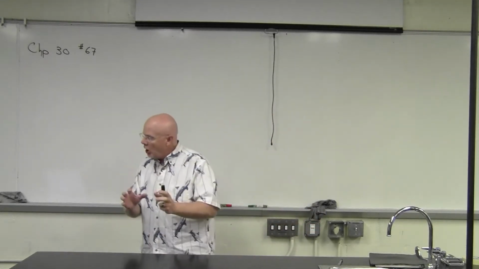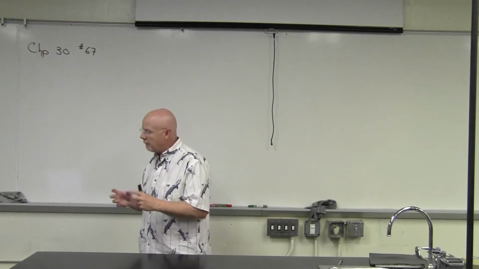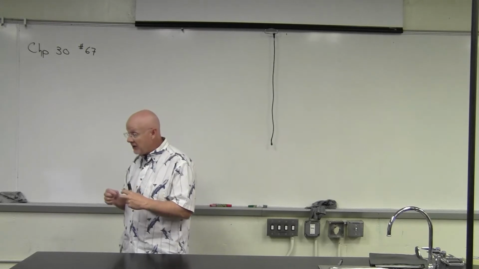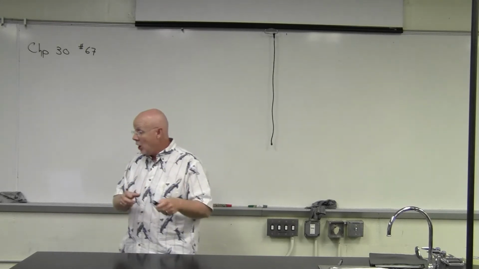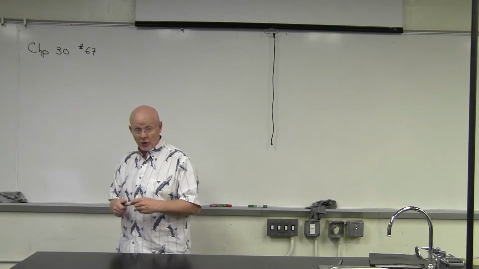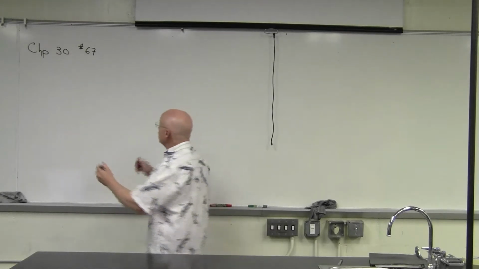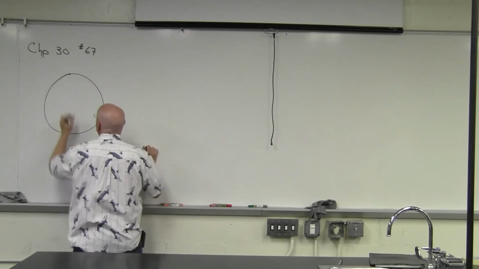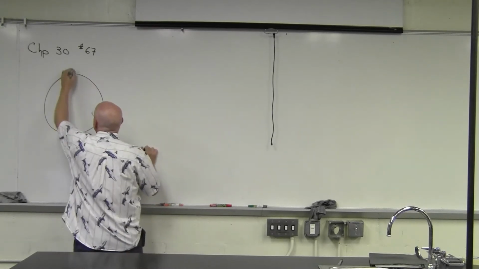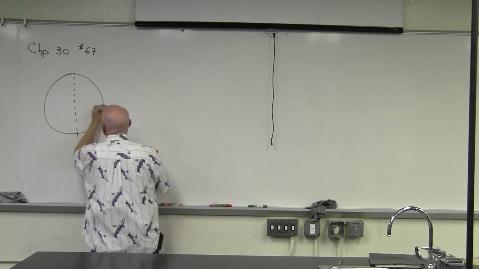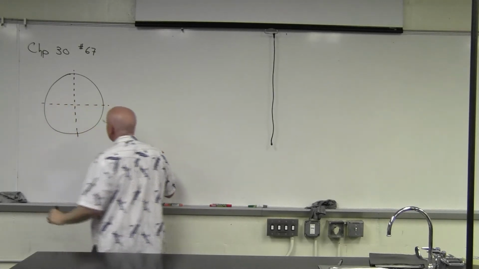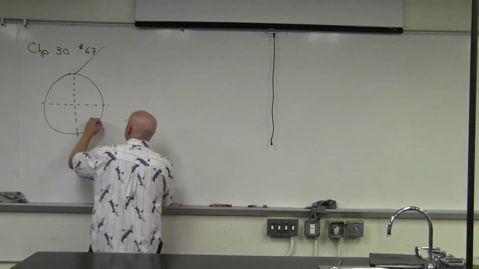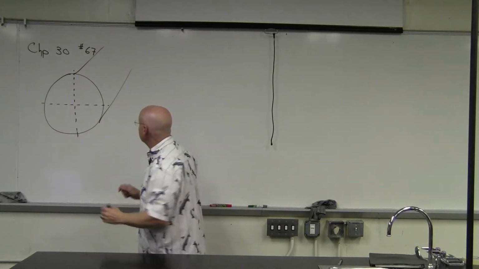It says that a long cylindrical conductor of radius A has two cylindrical cavities of diameter A through the entire length, as shown in the figure. So they give a little cross section, and it looks like this. Here's the cylinder, if you will. It's got a radius of A. And if I tried to make it 3 dimensions, it would kind of go back like this.